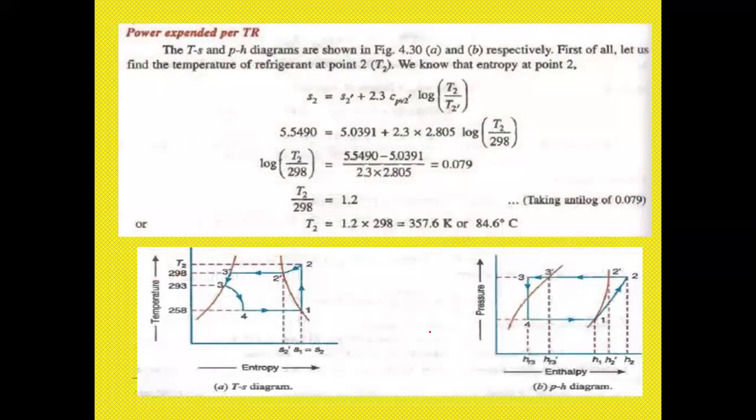Power expended per TR: see the TS diagram and PS diagram. See here the temperature and the entropy. Here the temperature is rising, at T1 258, T2 298 given.